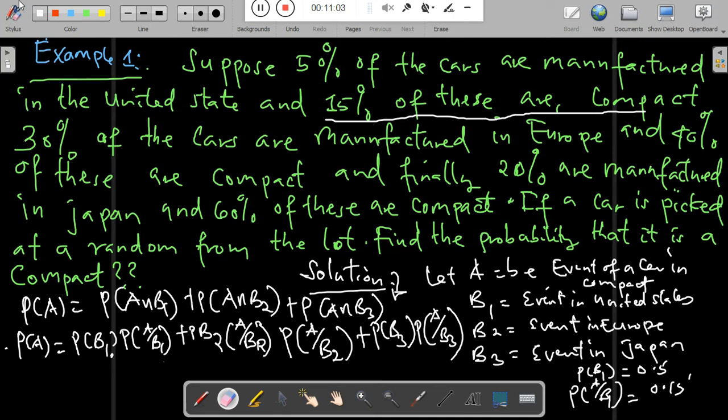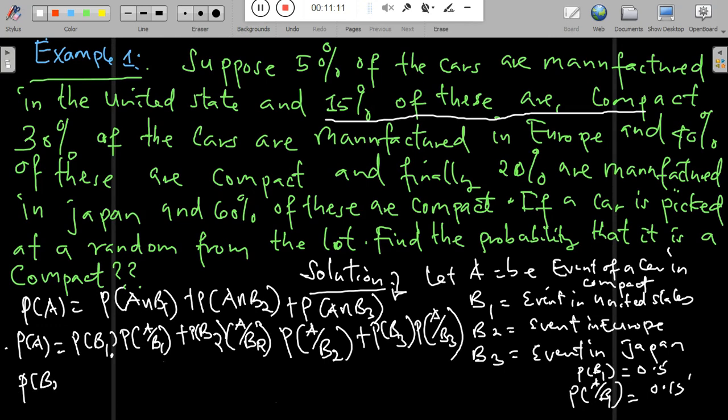After taking that, let's look at how we can obtain the probability of B2. The probability of B2 is obtained from our scenario question here. Suppose 30% of the cars are manufactured in Europe. This means that we take 30 divided by 100, that gives you 0.3. Remember that we let B2 represent the event that the car is manufactured in Europe.